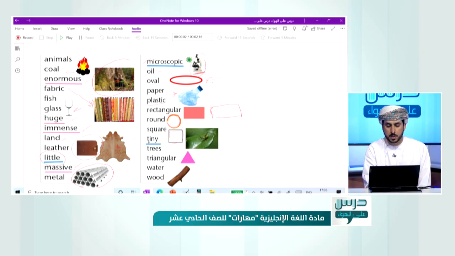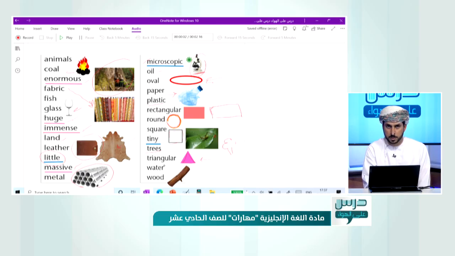This word is called tiny. Tiny means very small. You can look at this insect. It is very tiny. Also, we have the word tree. This is a tree. This is also a very common word. Also, we have another shape called triangular. This shape is triangular.